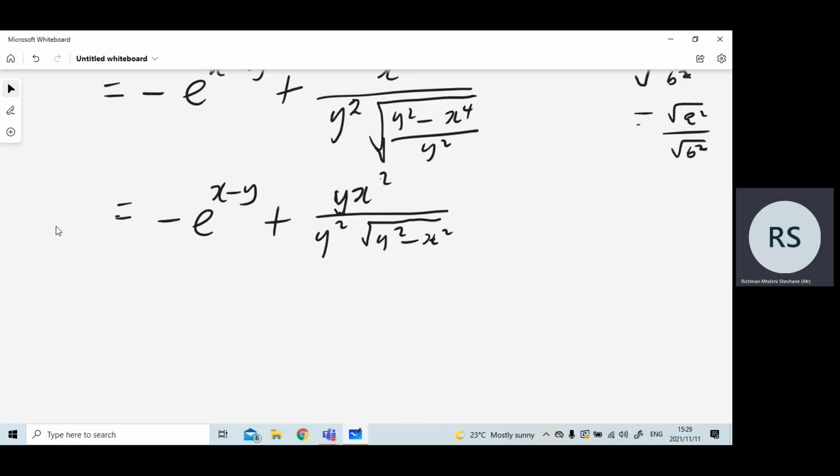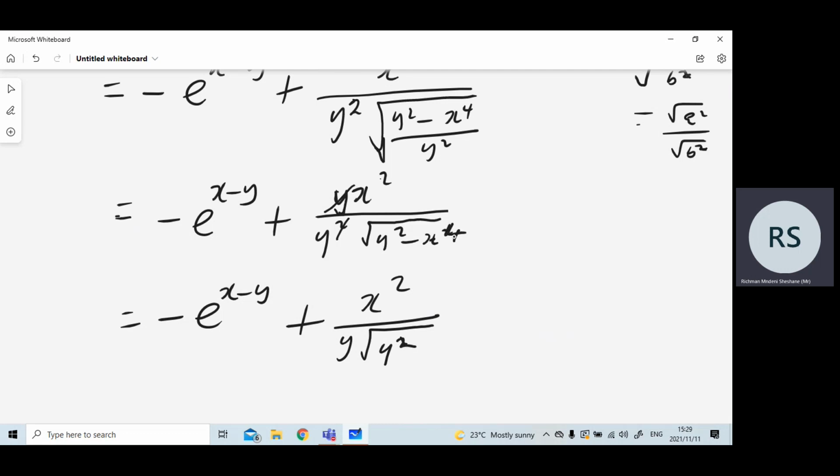So let's write the final answer now. The final answer is minus e to the x minus y plus, you see you have y divided by y squared, so one y will cancel with one y here in the denominator. So in the numerator, we're left with x squared over one y. You have only one y, square root of y squared. Oh, this is to the power 4.